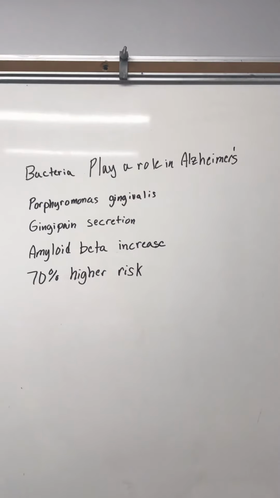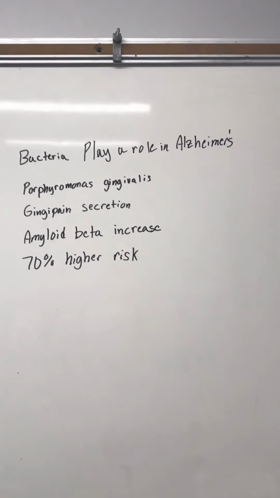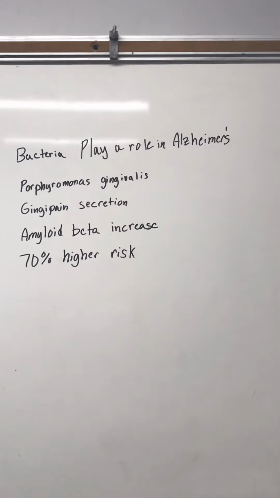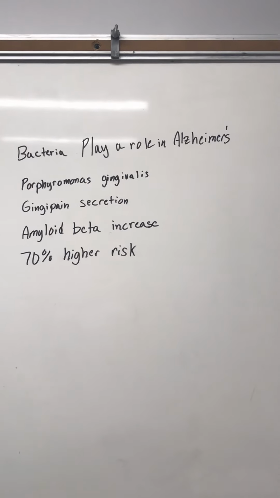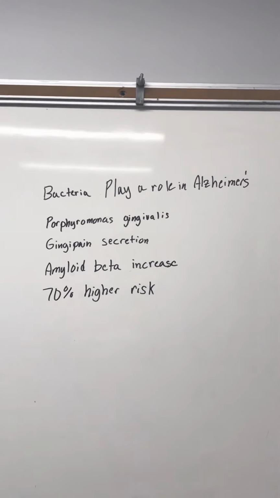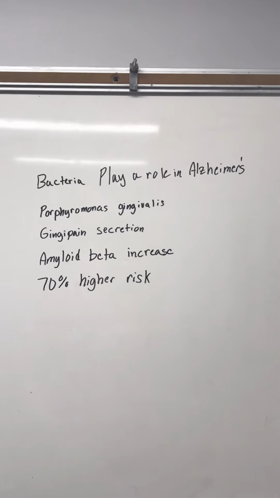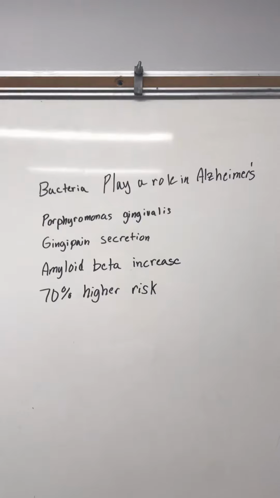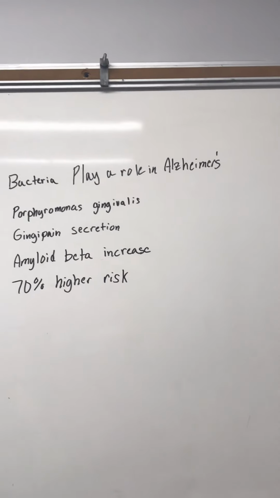But what they found is people who have gingivitis for 10 or more years, or have gingivitis issues from this gingivalis, they found that they have a 70% higher risk of developing Alzheimer's. I guess you don't contract it.